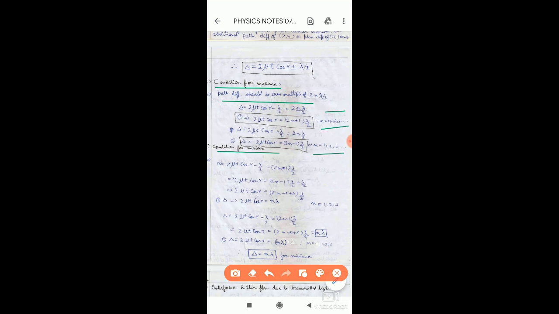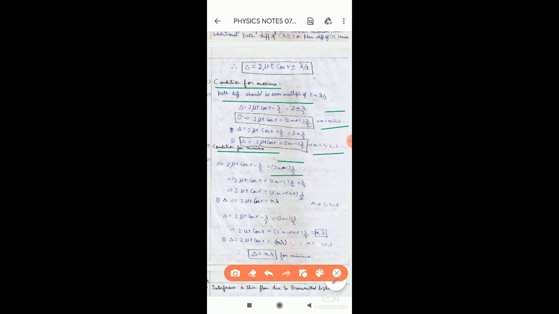As you are taking plus or minus, the effective path difference can be written as 2 mu t cos r minus lambda by 2 equal to (2n minus 1) lambda by 2.